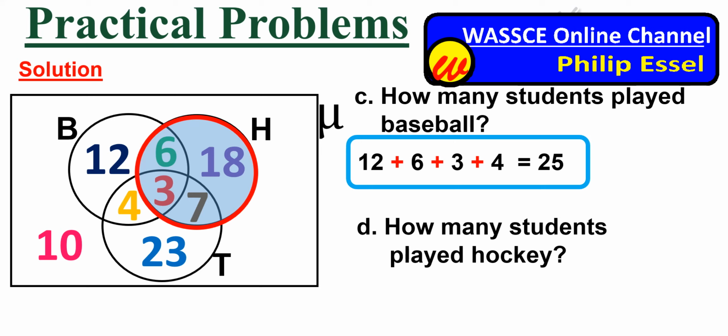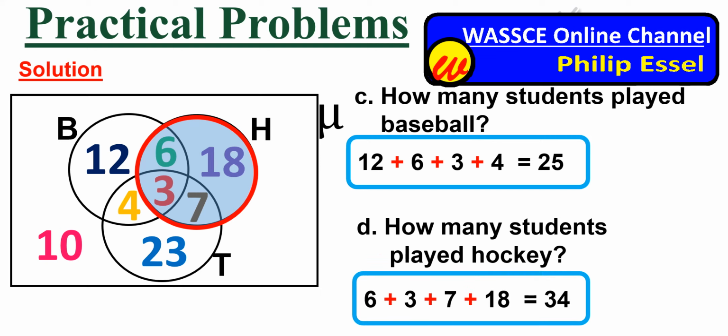To get the number of students who played hockey, we would have to add the numbers within this circle. So you would add 6 to 3, then to 7, then to 18. When you add these four numbers, you would get 34. Therefore, 34 students played hockey.